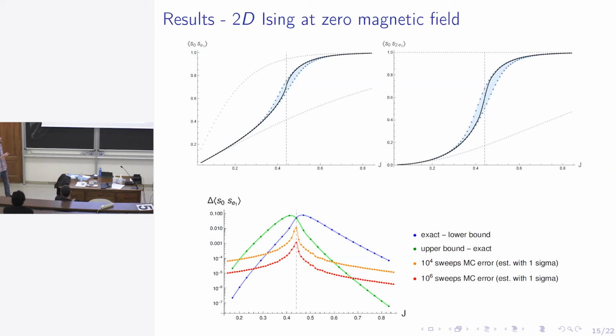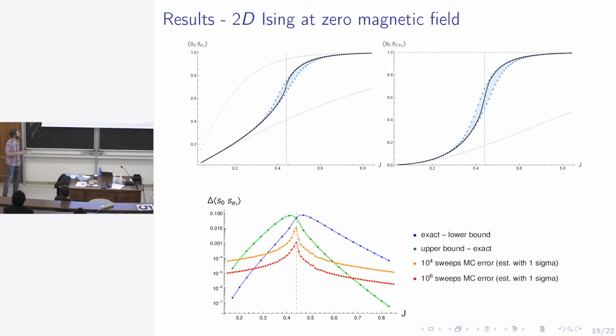This is a log plot, so the error will slowly go down. This is an estimated error with 1 sigma. And the blue line is the difference between the exact result that we know and our mean bound, lower bound, and the green line is the difference between the exact result and the upper bound. So you can think about our error bar as being essentially this McDonald's sign here.